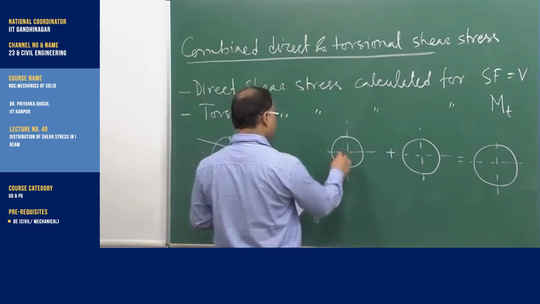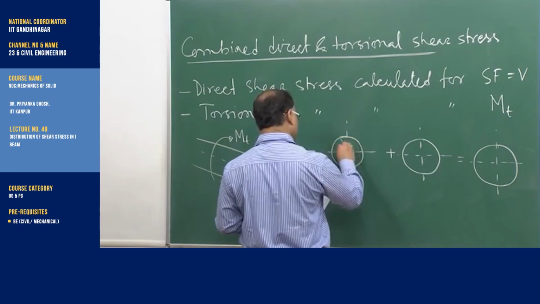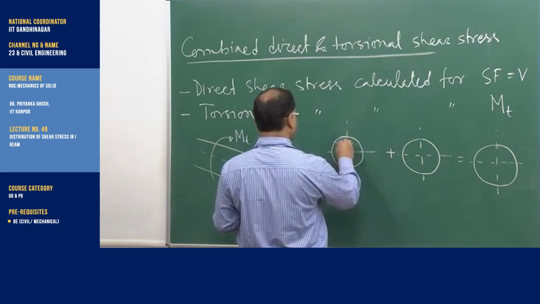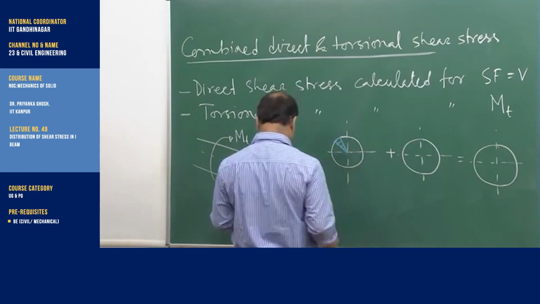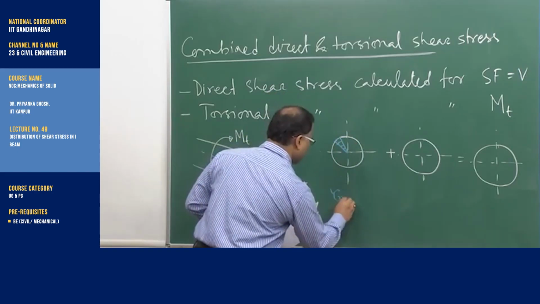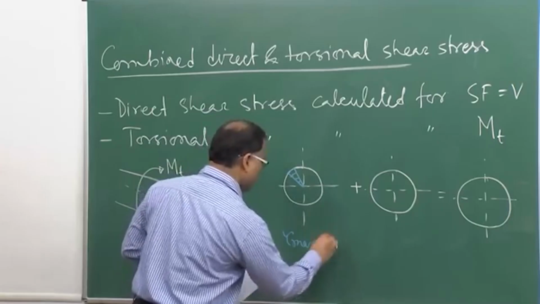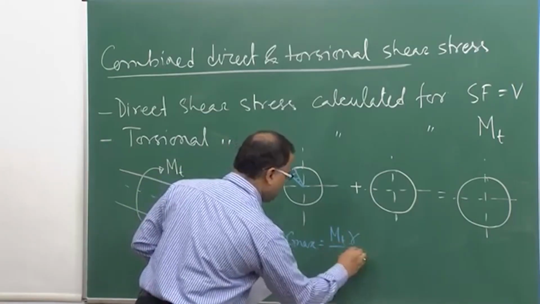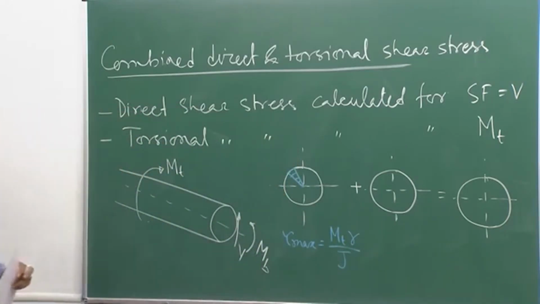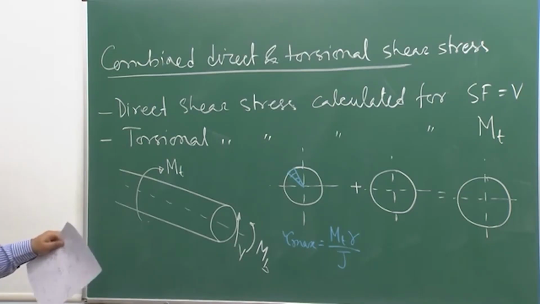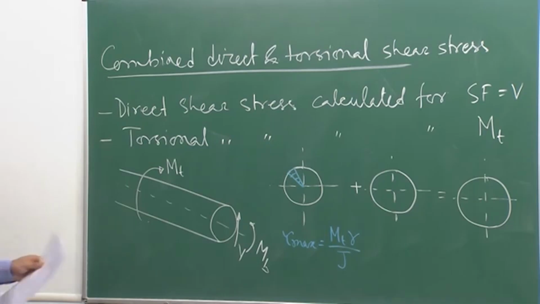Here you have the shear stress distribution for your torsion, that is tau max equal to MT R by J, right. Already we have discussed J is the polar moment of inertia. So, this is the equation for your shear stress when you are dealing with torsion.